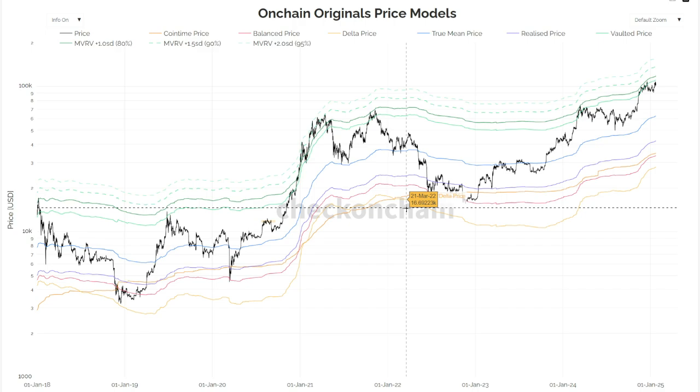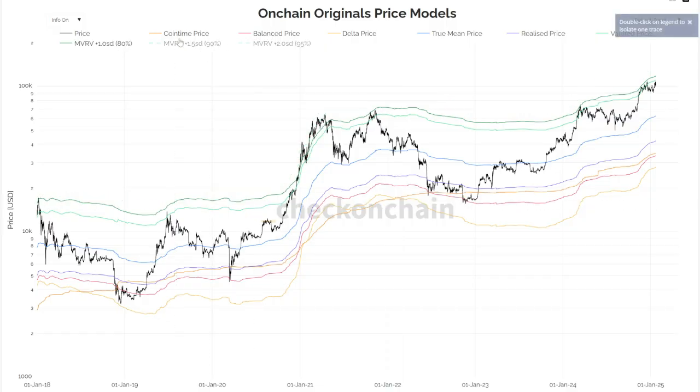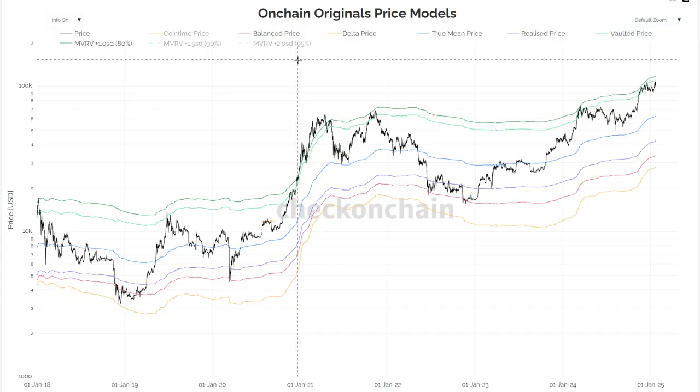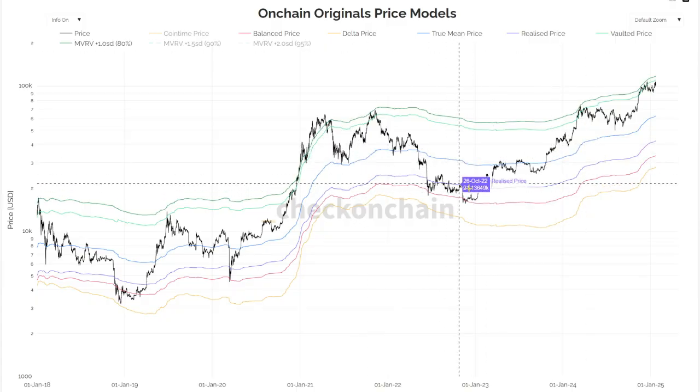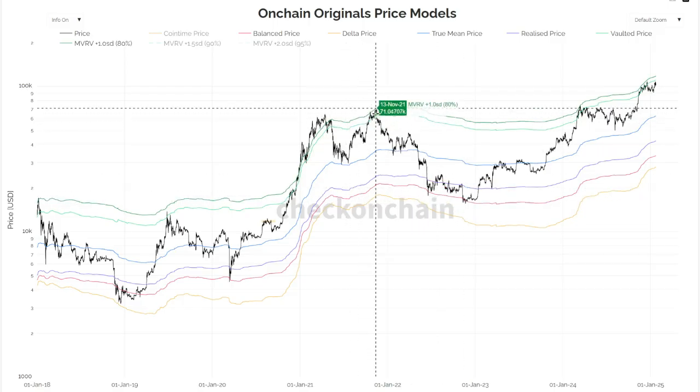It's based on realized price. It's based on miners. So what I want you to do to filter on this is removing some lines and only watching the true mean of price, so the fair value of the asset, and the discount price and expensive price.